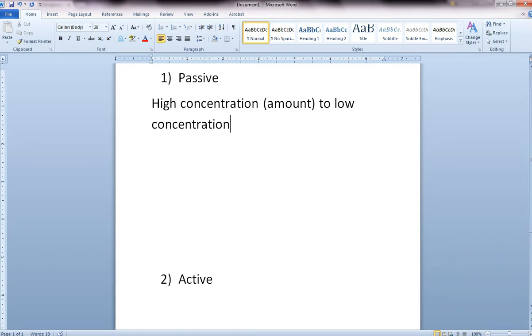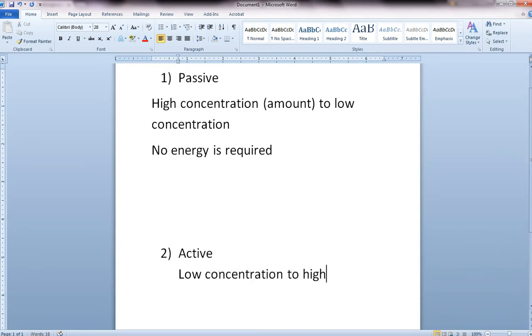This is always, always, always the case, and therefore no energy is required. Now with active transport, it's the opposite. You're going from a low concentration to a high concentration, and energy is always required. And usually that energy is in the form of ATP.